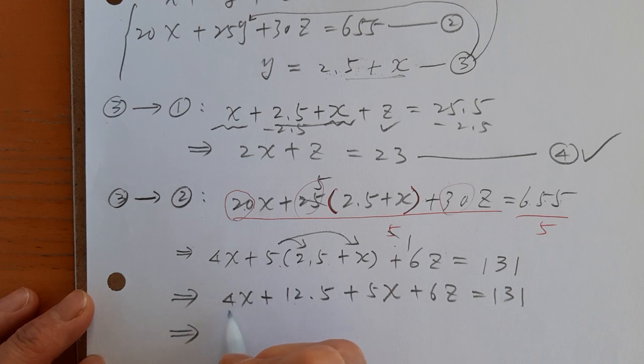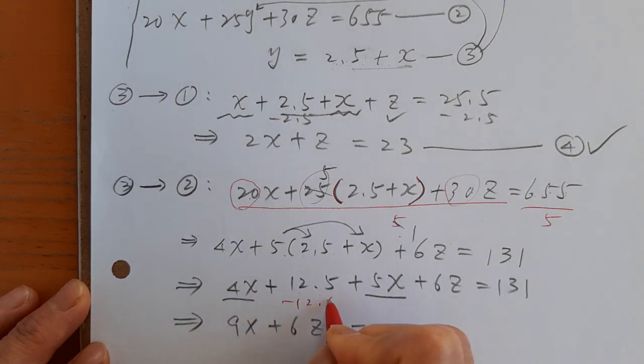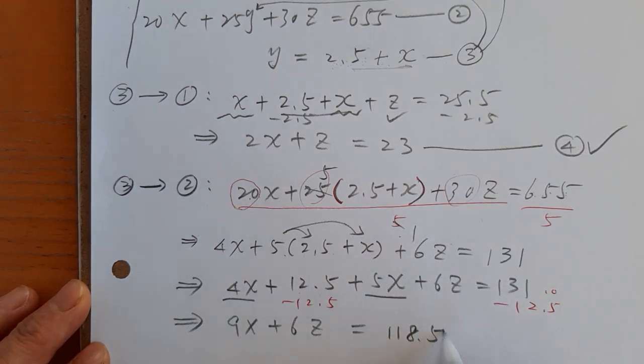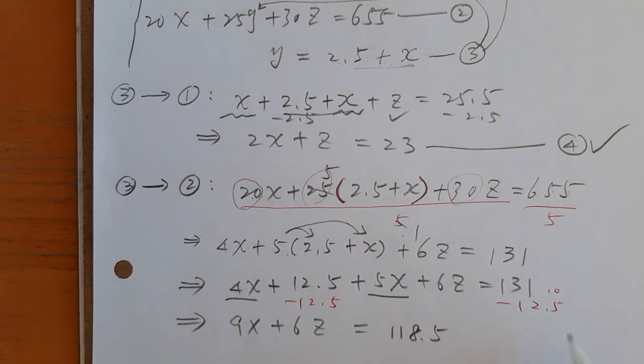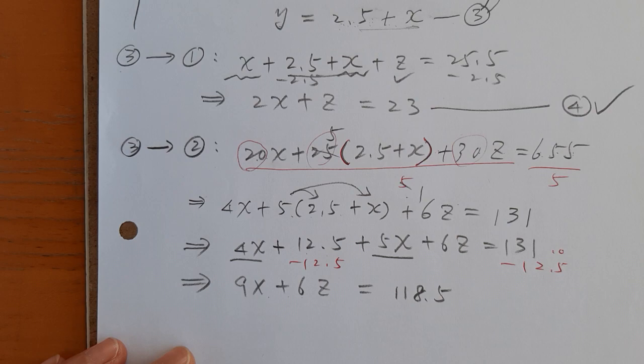Combine like terms: 4X plus 5X is 9X, plus 6Z equals 131 minus 12.5, which is 118.5. Here you can simplify by dividing by 3.